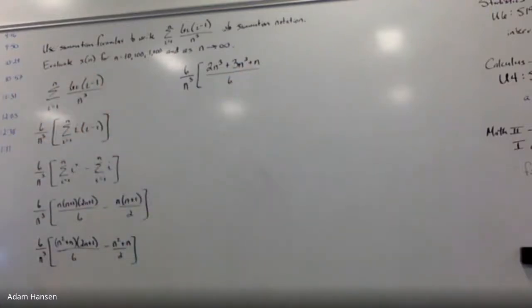I want these to have common denominators. This has a denominator of 2, this has a denominator of 6, so I'm going to multiply the top and bottom each by 3, so minus (3n squared plus 3n) over 6.